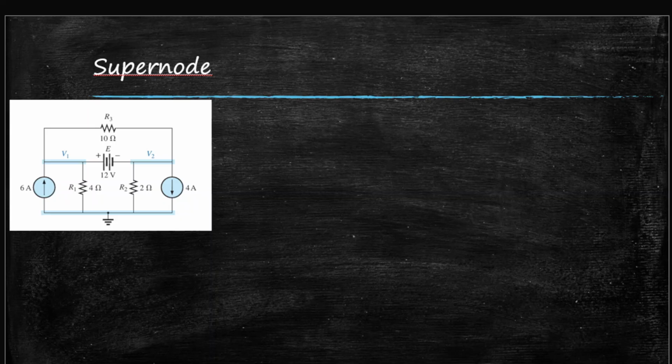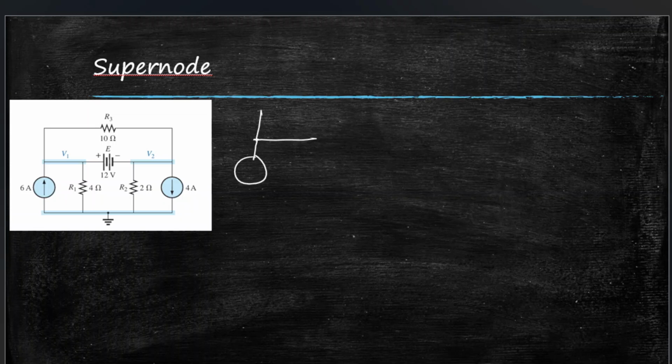So in supernode we assign the node voltages first, and then we remove the voltage source in our head. For the first one, I'll redraw the circuit for the sake of simplicity in explanation, but removing it in our head is much faster. That's the standard.